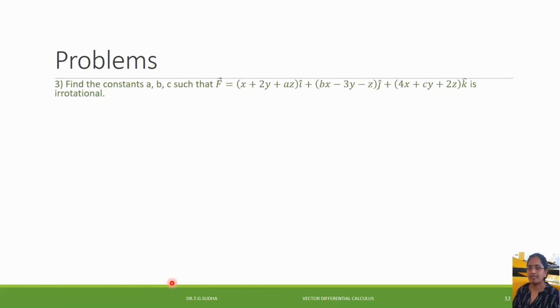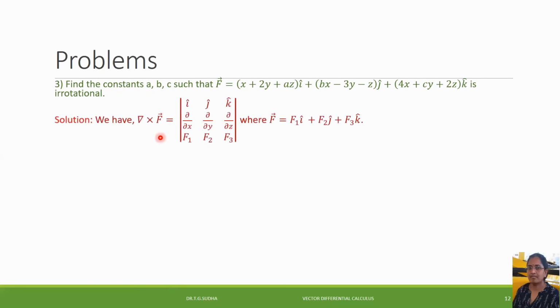Next, let us move on to the next problem. If a given vector is irrotational, you need to find the constants A, B, C. That is, curl of the vector field is given to be 0. Now we need to find the constants, that is A, B and C. So for that, let us consider once again curl F, that is del cross F, and let us assume that F is irrotational.